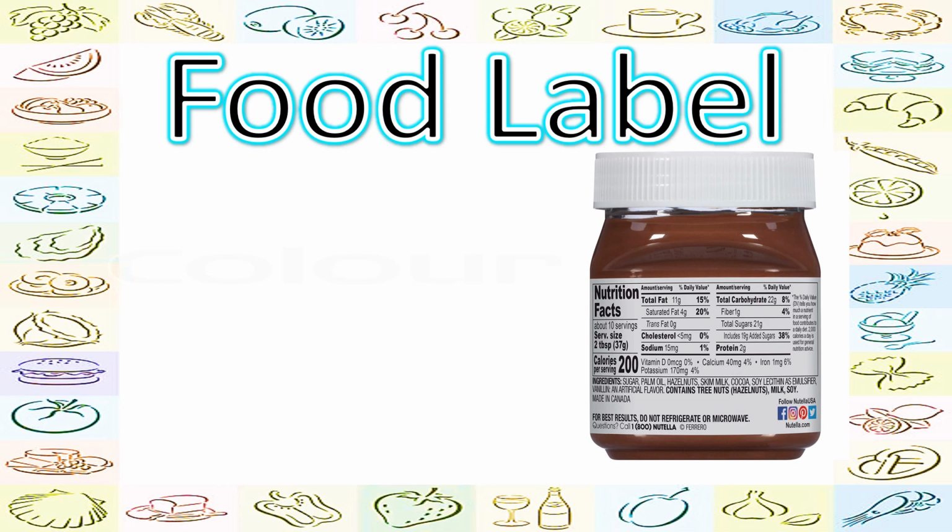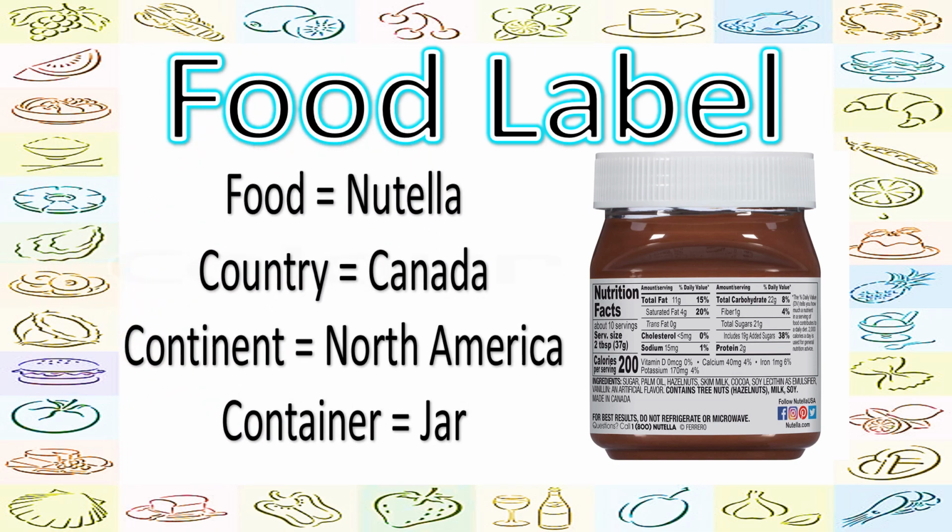Now, a food label looks like this. See, you can see this one. We have the food, it's a Nutella, country, Canada, continent, North America, and what is our container? It's a jar.